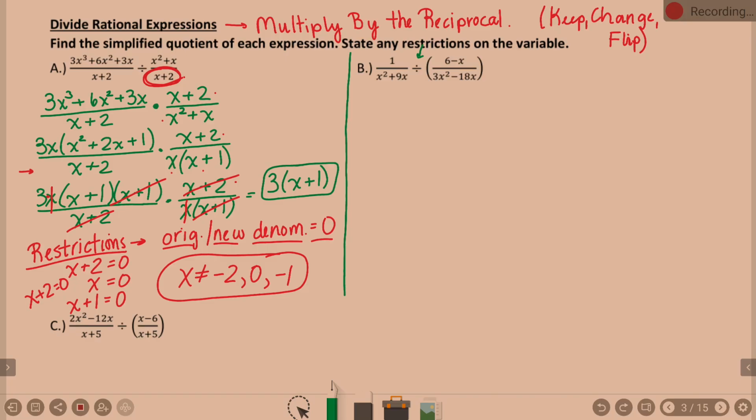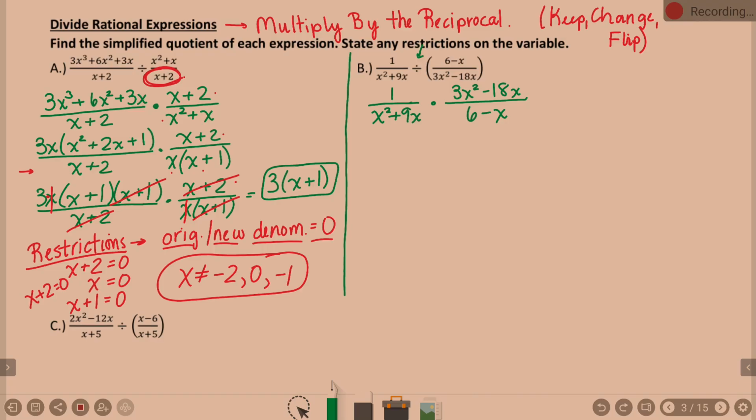So I'm going to keep 1 over x squared plus 9x. I'm going to change division to multiplication, and I'm going to flip and make it 3x squared minus 18x over 6 minus x. Okay?